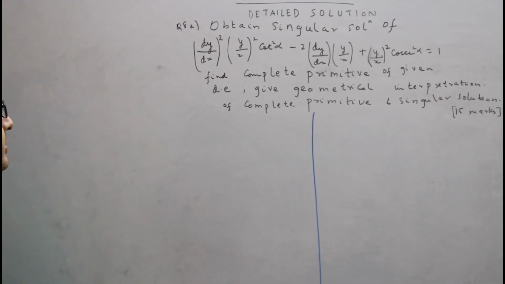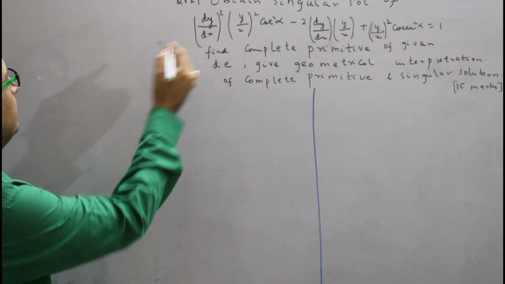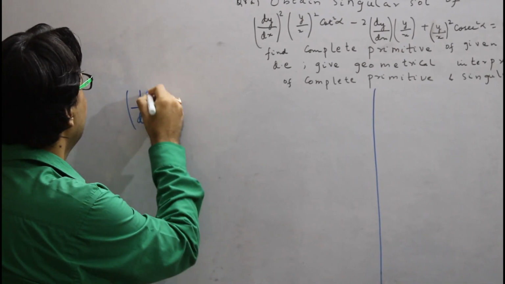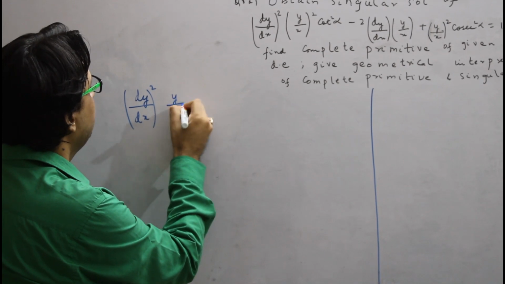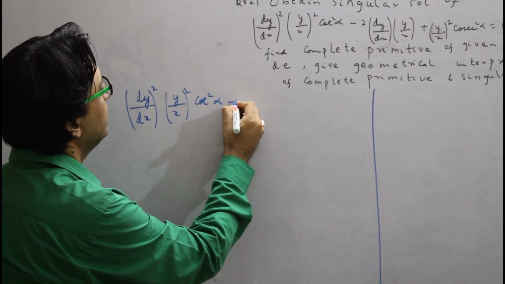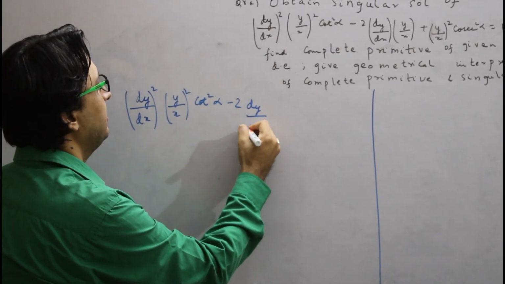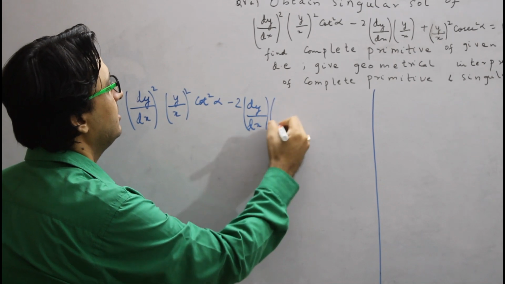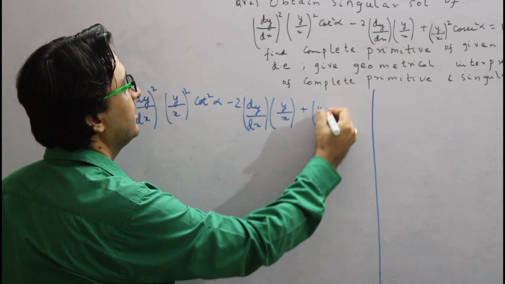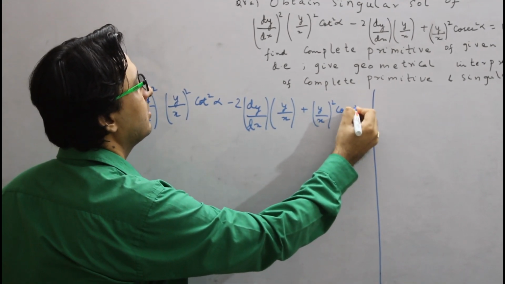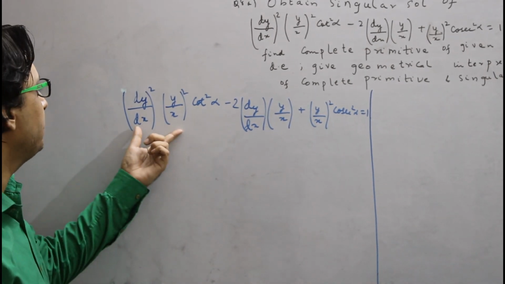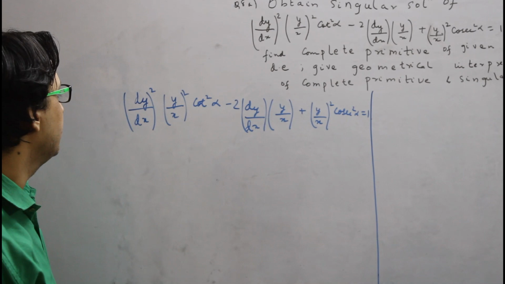So first of all, we are given this as (dy/dx)² (y/x)² cot²α − 2 (dy/dx)(y/x) + (y/x)² cos²α = 1. It is quite apparent that this is homogeneous.